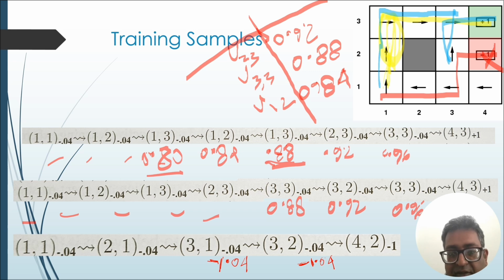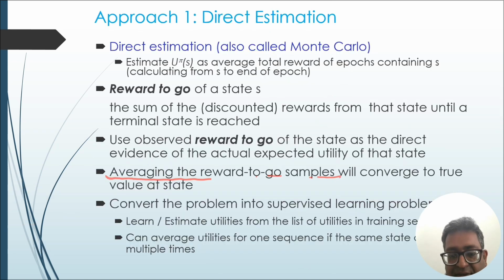But we can put all these values in a table, and then it becomes a supervised learning problem that we can feed to a neural network or any other supervised learning method, where we will try to reduce the error and converge to a set of values of the utilities. Exactly this is done in direct estimation, where we directly try to estimate the utility. And when the rewards are repetitive, that means we get the same reward for the same state multiple times, you can average them.